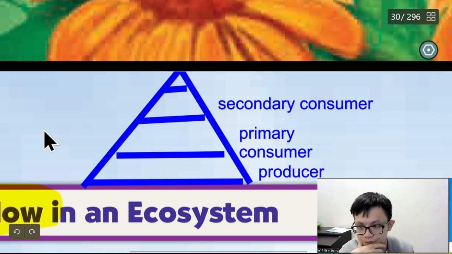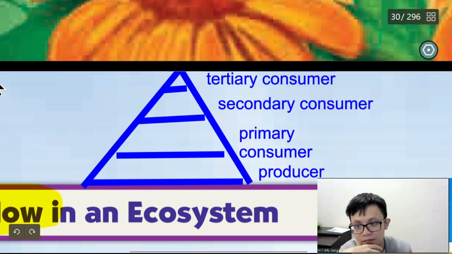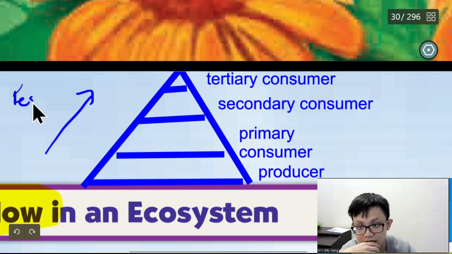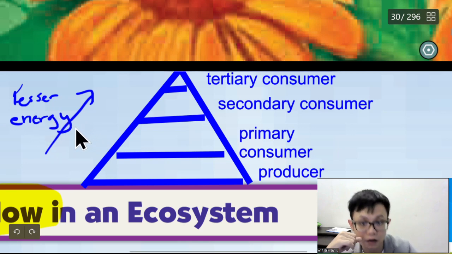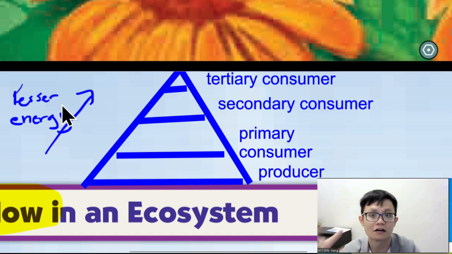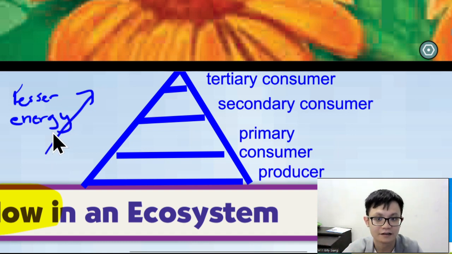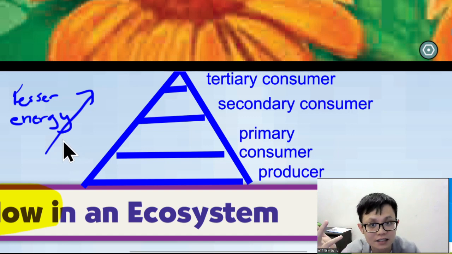So, as you go up, the energy is getting lesser. Correct or not? As you go up, the energy is getting lesser, because energy is lost. Energy is lost through excretion. The animal loses energy here, moves there, respiration.